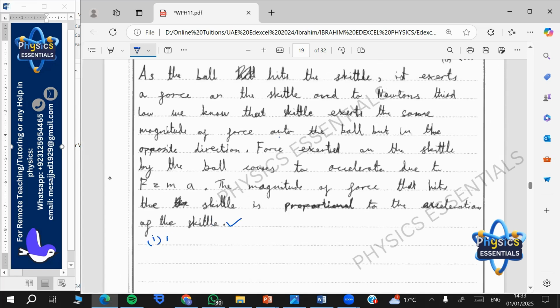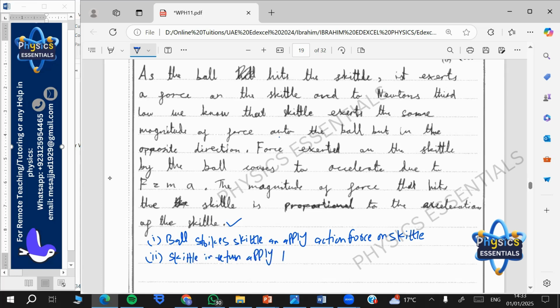Number one, ball strikes skittle and applies an action force on skittle. Number two, skittle in return applies the same reaction force on ball, but in the opposite direction.